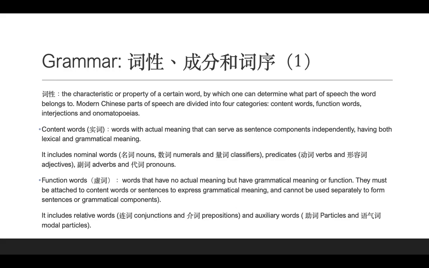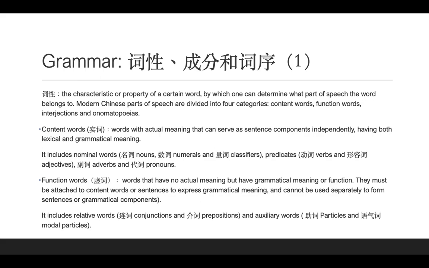You need to already sort it out like it belongs to content words or it belongs to function words. 那你们就要注意到它是包括在实词里面还是被包括在虚词里面，这样的话才有助于你们更好的理解一个词的词性 so that you can better understand the characteristic of this word and later on to analyze which part it is being used in a sentence is to describe a noun or it is to describe an adjective, and it should play which role in a sentence.